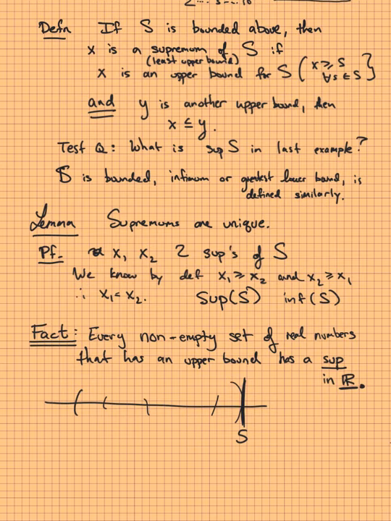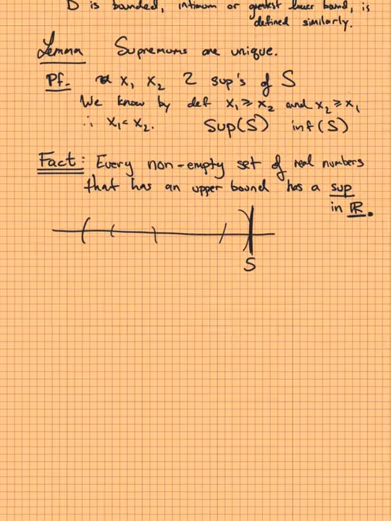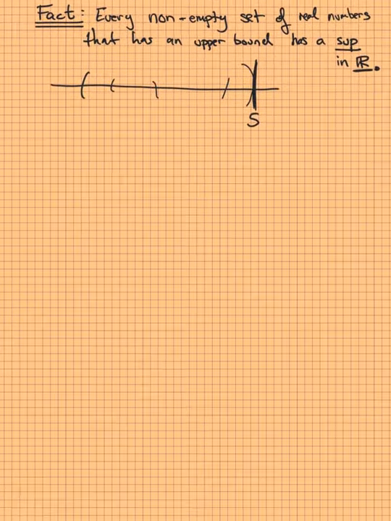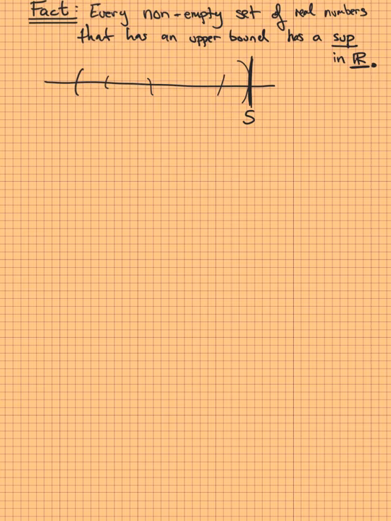We're going to see this soon. But first I want to play around with supremums a bit more, and show some equivalent statements which will be useful in proving things about them, and then also some properties that they have.